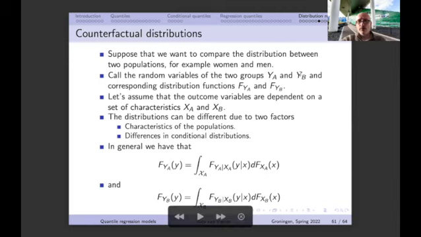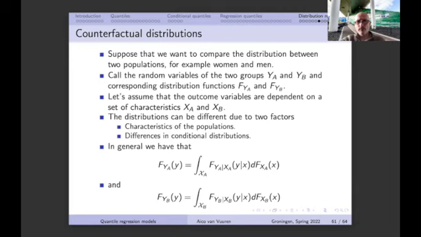The same way you're going to do with respect to yb, we are going to have a set of characteristics that we are going to denote by xb that are going to have an impact on this random variable, hence its distribution function that we have over there. Well, then at the moment that we're going to compare distribution functions with each other, we could actually say that there could be two reasons for why distribution functions could be different from each other.